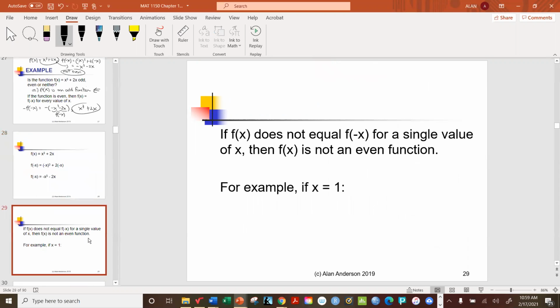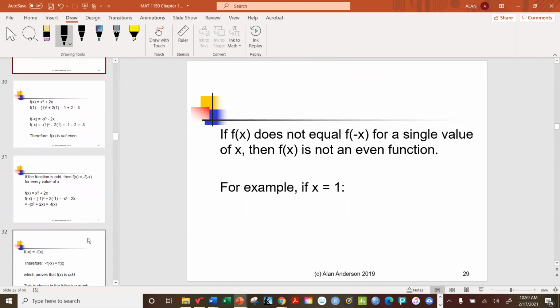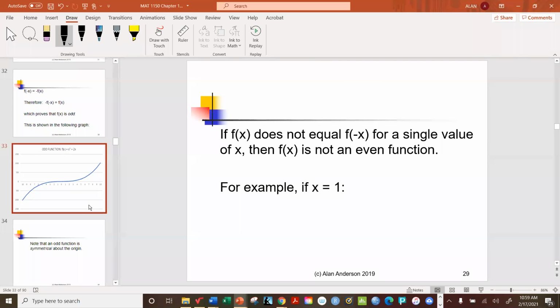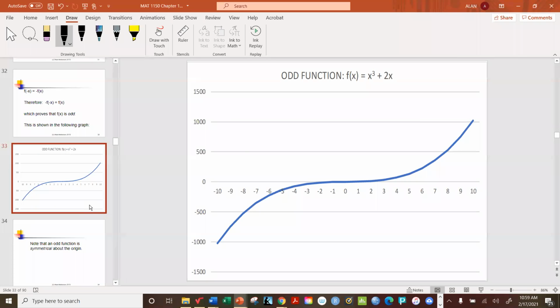All right. So this is just what we just did. Let's try another example. Oh, so now this is what it looks like. And what's interesting is that it is symmetrical.